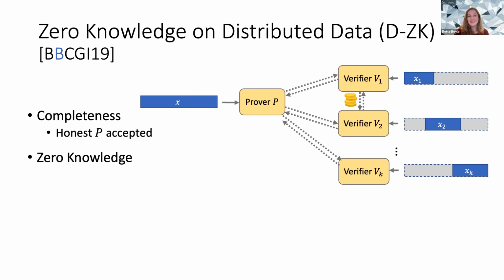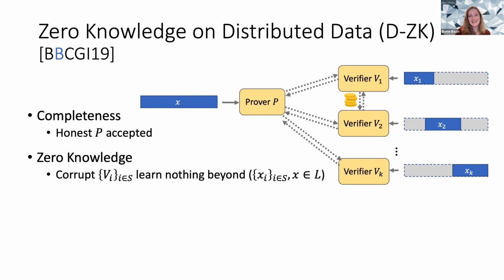Zero knowledge here is the natural extension of standard zero knowledge: the verifiers learn nothing more than they knew, together with the fact that X is in the language. And here I want to focus on this. In the standard setting, the verifier knew X in its entirety, so that was okay. You could reveal X and it didn't mean anything.